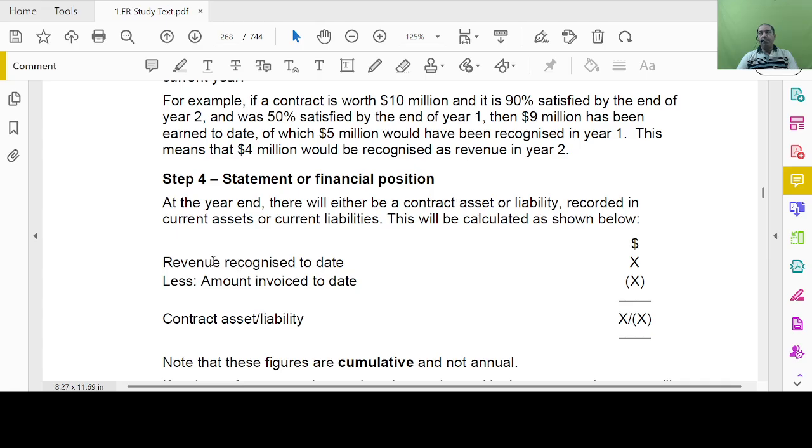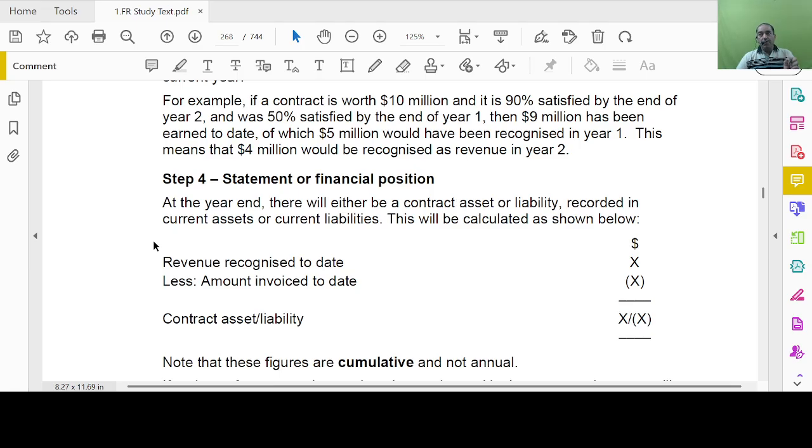Let us say, for example, your revenue receivable for the current year is $500,000. You have sent a bill of $400,000 for which payment has been received. So out of 500, you have received 400,000. So 100,000 is receivable. Anything that is receivable is an asset, and that will be called as a contract asset.